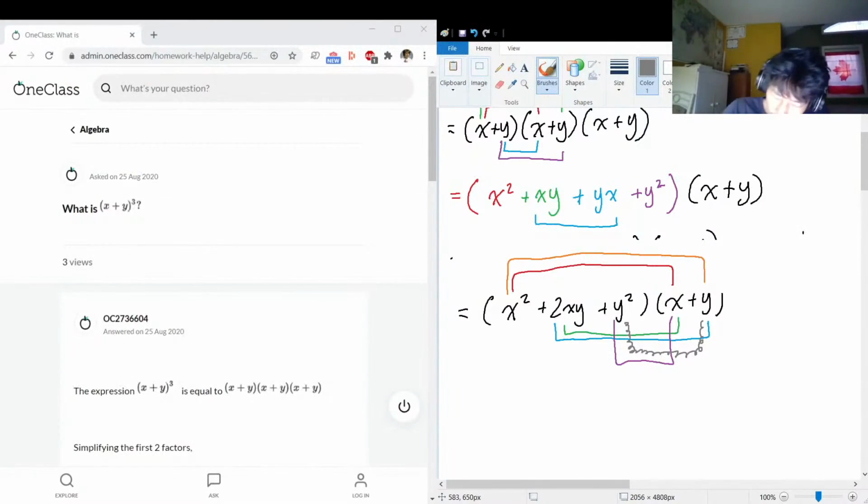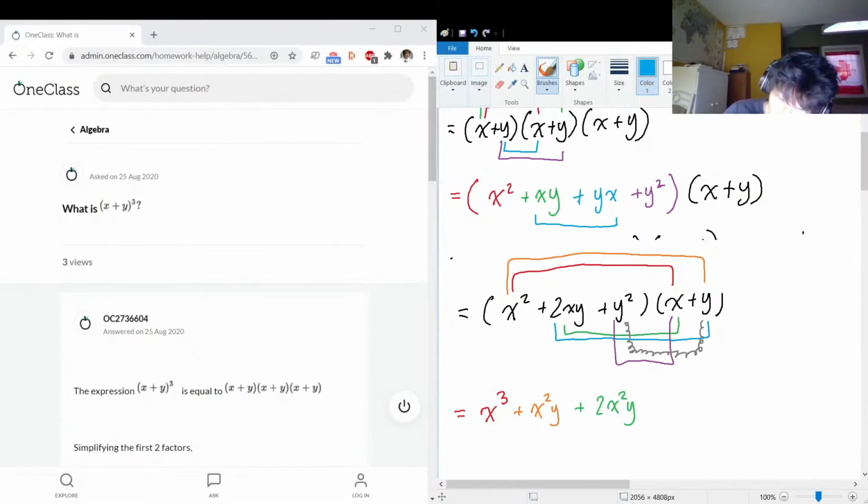Okay, so let's write out this equation. So the red things multiply together. That's just x squared times x. So that's x cubed. Next thing was the orange. X squared times y. They're all positive, so x squared y. Fairly straightforward. The next thing was green. So that's 2xy times x. So that's plus 2x squared y, because there's two x's and one y and one 2.